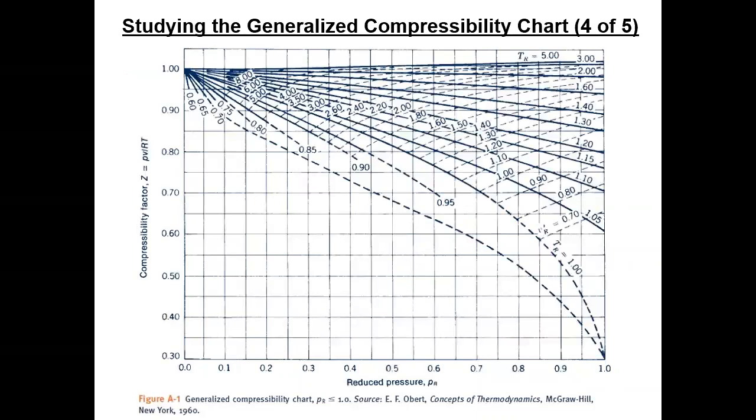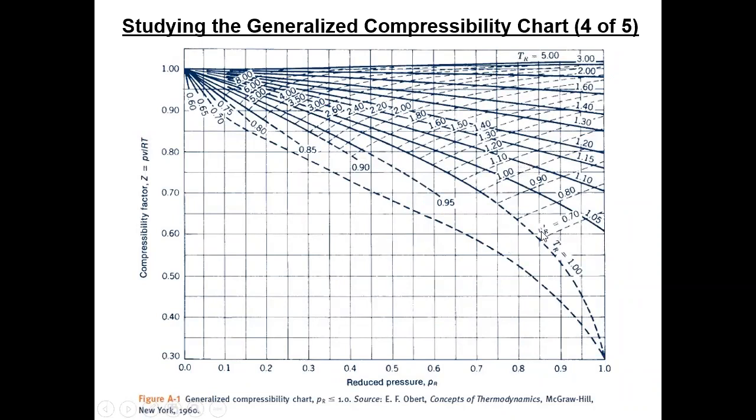Okay, this is out of the generalized compressibility chart in the back of the book. Notice we have another parameter here. Look at those little crossing guys. We didn't have these little crossing guys before, did we?